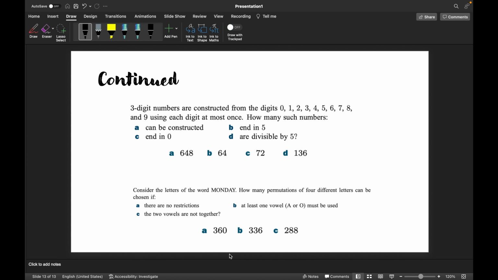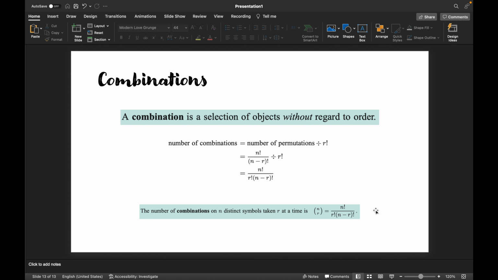We have already talked about combinations, but I will just do it again. So combination is a selection of objects without regard to order. As we know, in permutation we consider the arrangement; we try to arrange them. But here, we just have to select the objects.